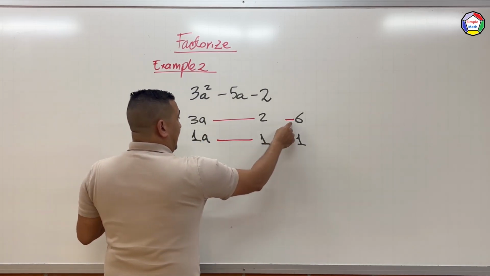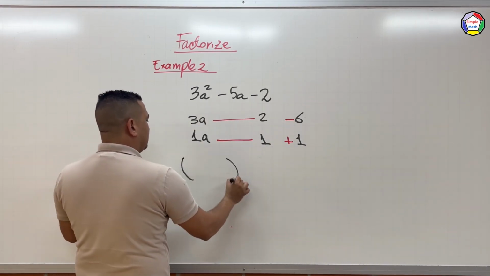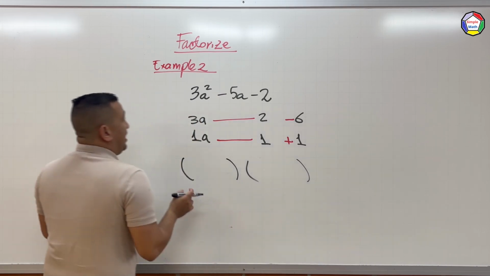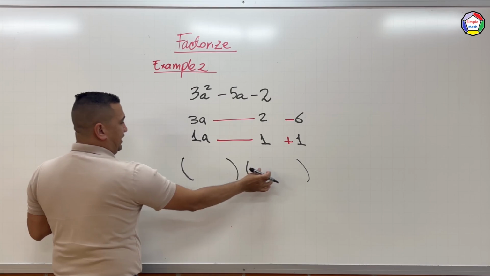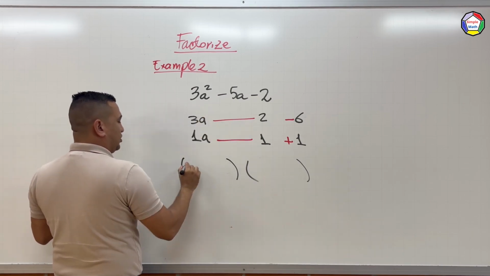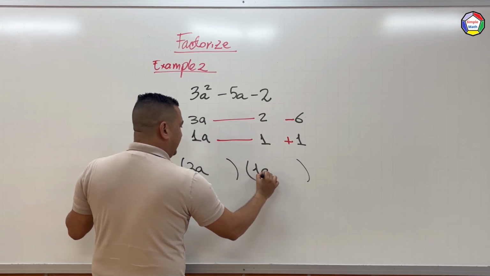So minus 6 plus 1 is minus 5. So I will open 2 parentheses. I will copy the first two numbers in the first term of the parentheses. So here I write 3a, and here I write 1a.